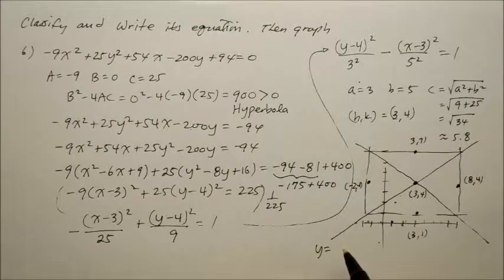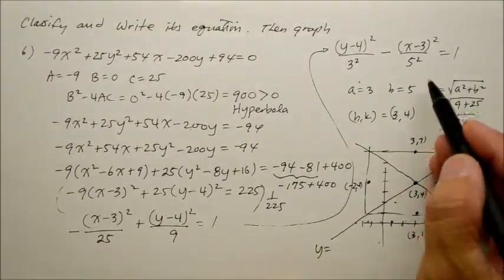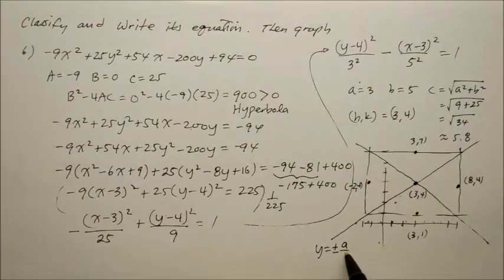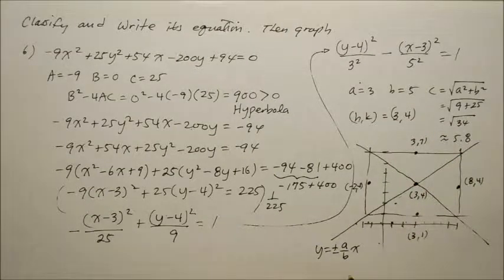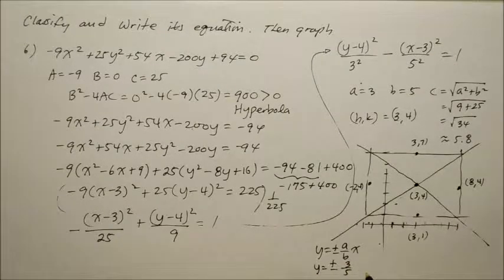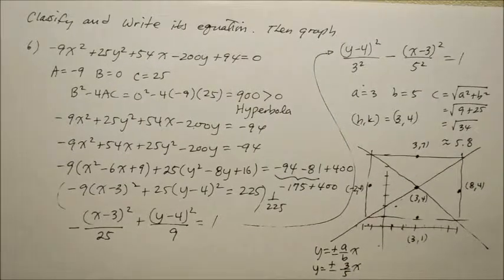What's the function that represents this diagonal line? y is equal to, when it's a vertical transverse axis, plus or minus a over b times x. So in this case, y is equal to plus or minus 3 over 5 x. I hope you could see this.